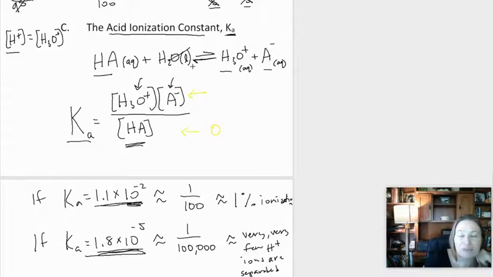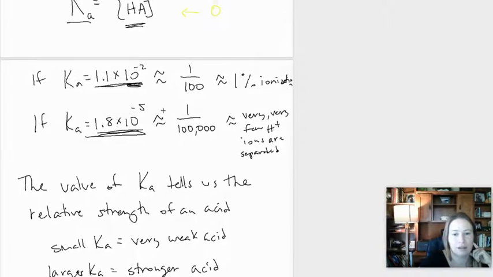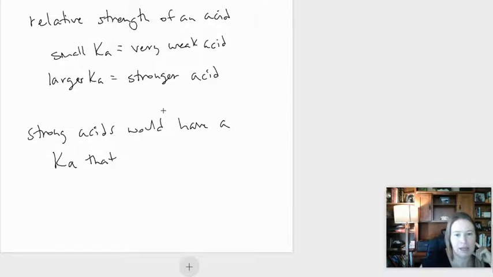That means that this is approaching infinity. So they would be ridiculously large, like 10 to the 56th power. They're undefined.